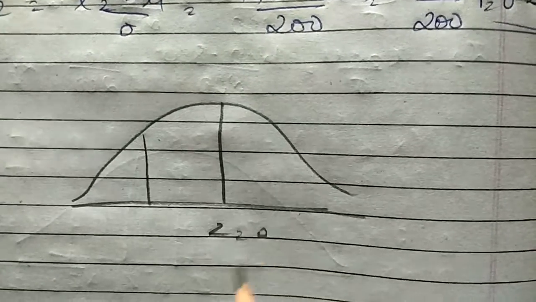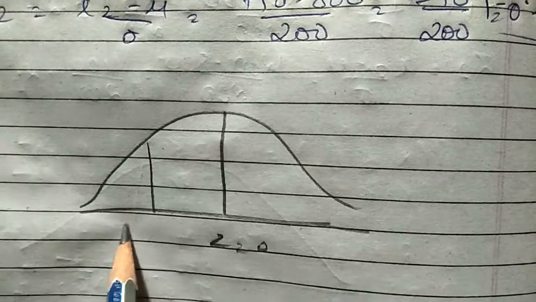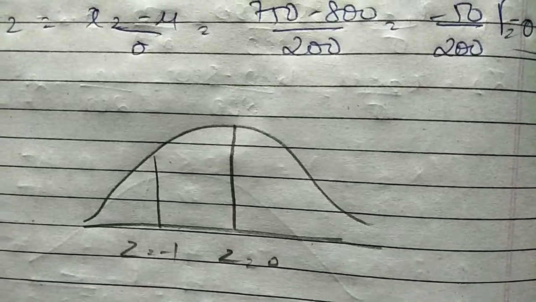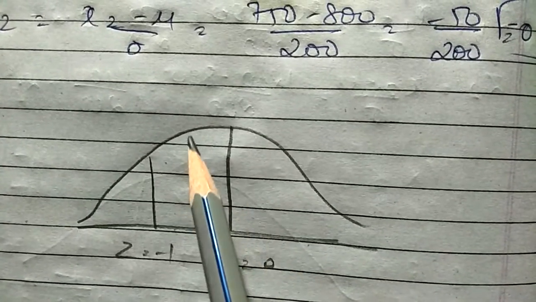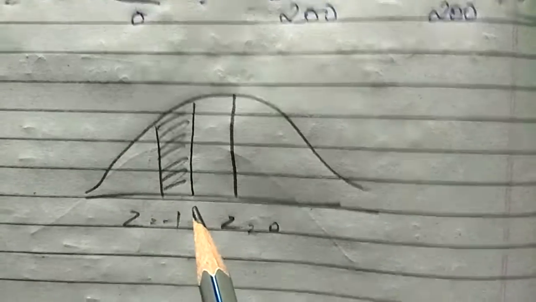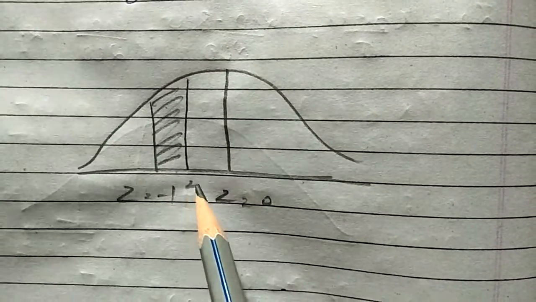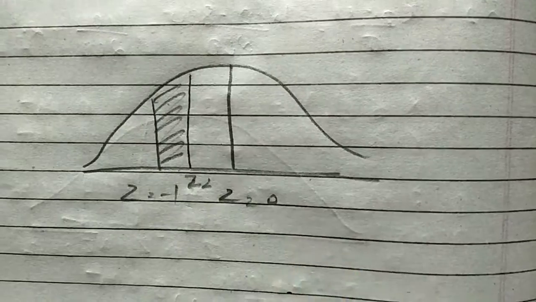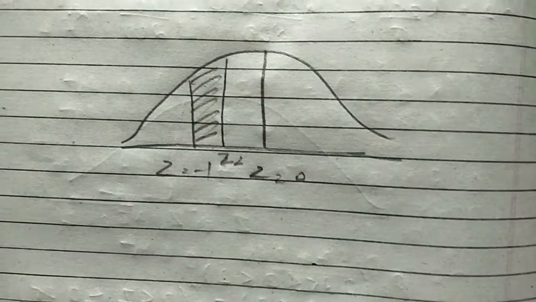This is Z equal to 0, Z equal to minus 1. Shade this portion over here. This is Z2, Z1 and Z0.